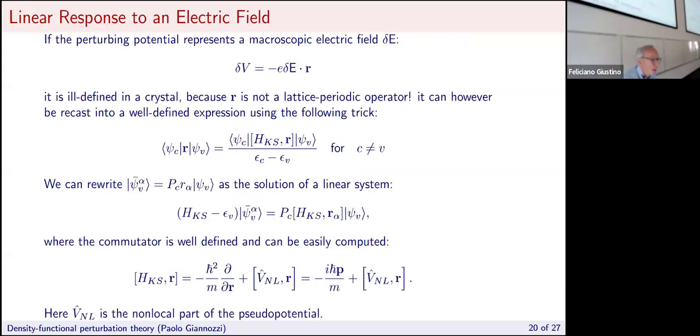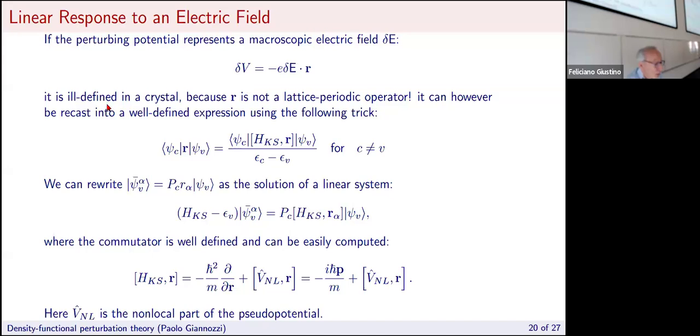Now, again, there is the usual problem that the electric field has an ill-defined behavior, because the potential of an electric field is basically minus the electric field times the position operator, which is not periodic.